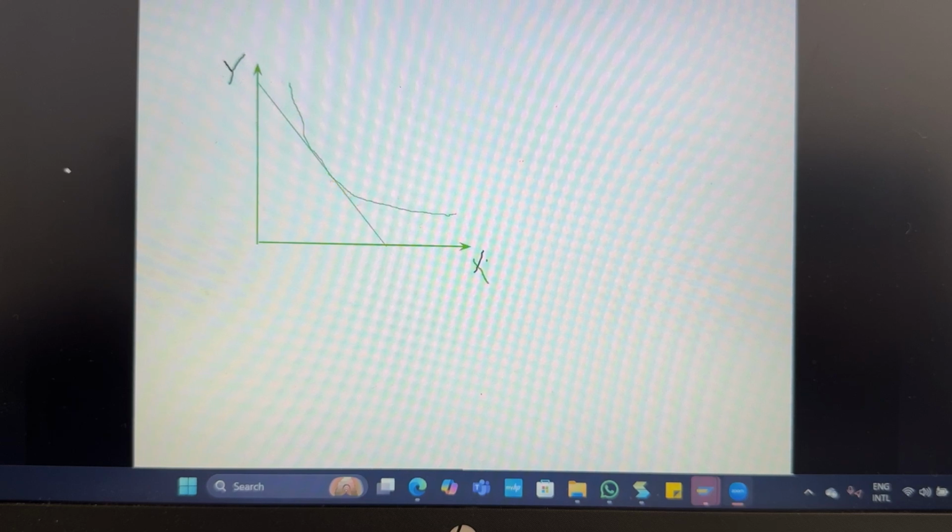Okay, so then this is the equilibrium point somewhere here, right? So name this one indifference curve 1.